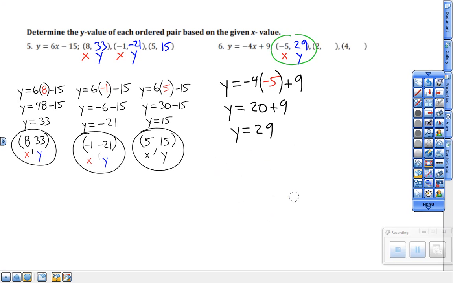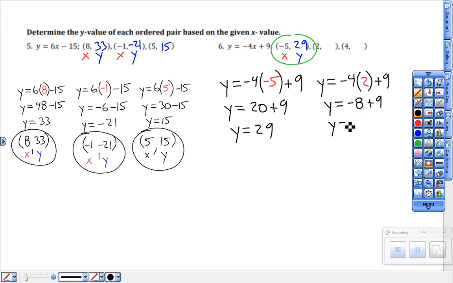again, just plugging in x, solving for y, that gives me y equals -4. This one has me plug in +2. That gives me -8. That gives me +1.